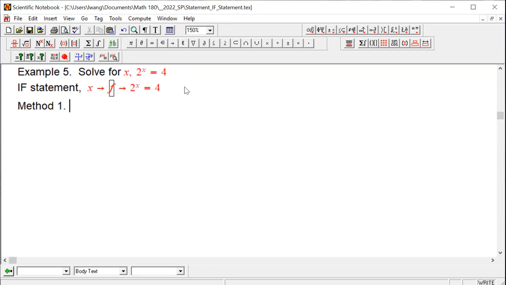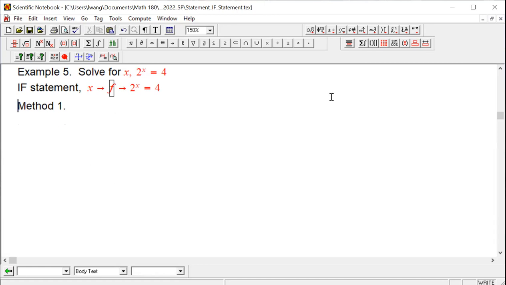So solving for x, knowing the output. This basically says if the output is 4, and this is the rule of the function, give me all the possible inputs. And what are those?